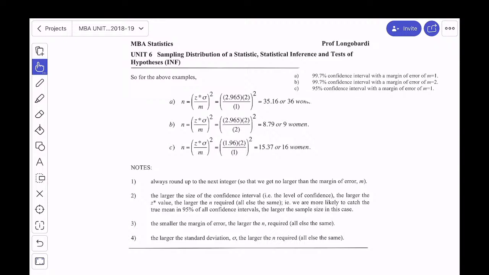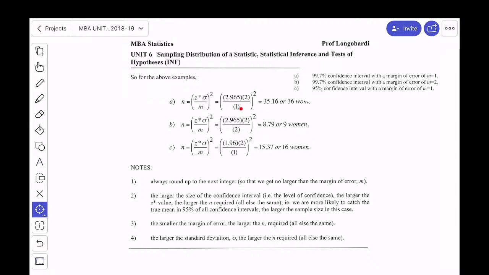Okay, so for the first one, this is for 99.7% confidence. That would be the Z star. These numbers are the same all the way down, you see, because those are set already. I'm just varying the level of confidence here. Sorry, no, I changed M here.